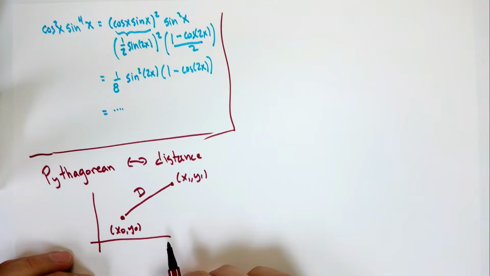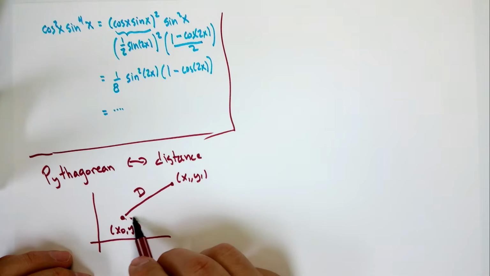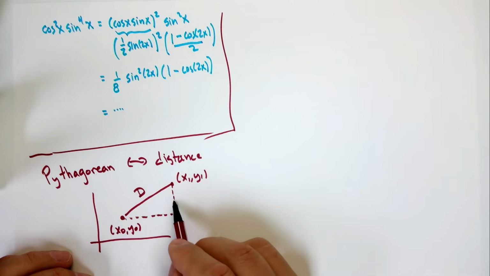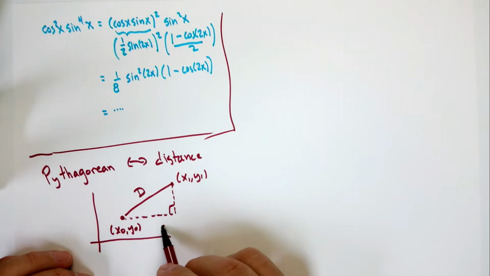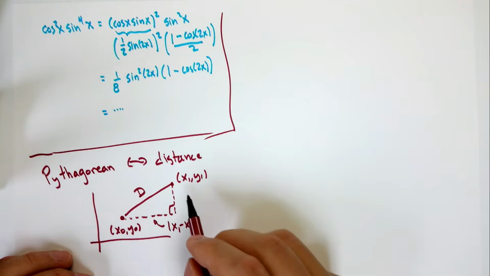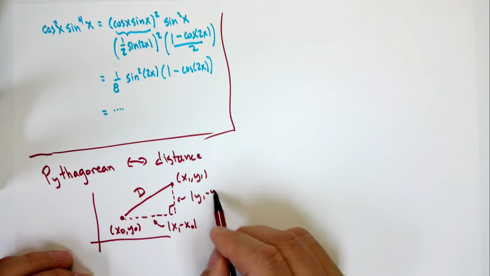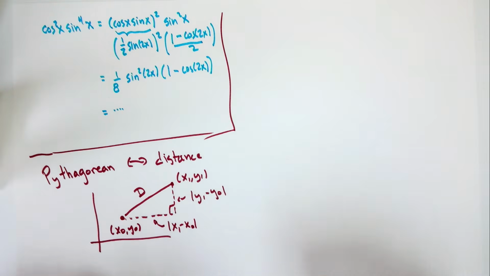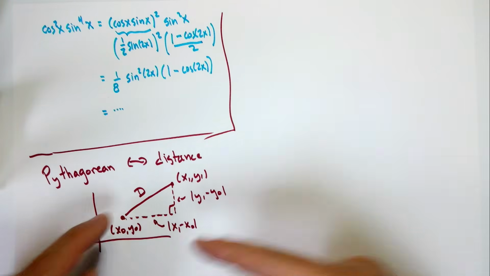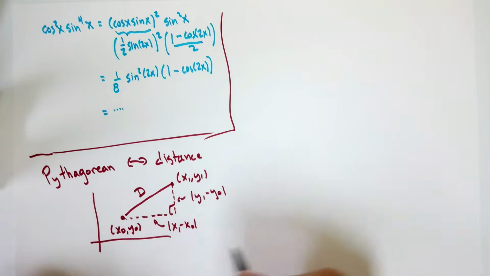What's the distance between them? Well, we can construct a right triangle. It's easy to measure the distances on the sides. They're just the change in the coordinates. I'm putting a little absolute value here just to say it doesn't matter. I could have picked a point down here and it still would have been the same.